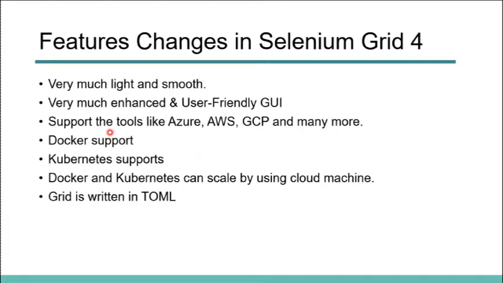It has Docker support, as I already told you. With Docker support, it is used to spin up containers in Docker without any heavy virtual machine. Though Selenium Grid 4 is implemented with Docker support, we can deploy our grid on Kubernetes for better scaling.